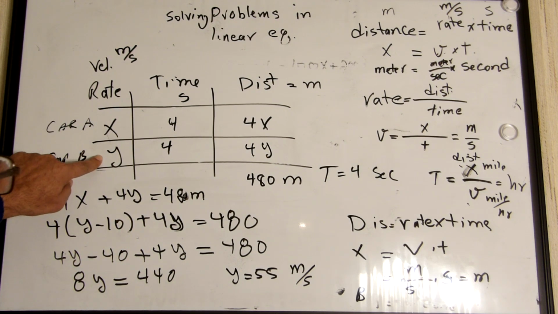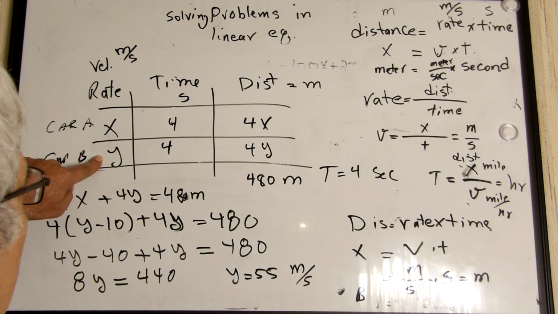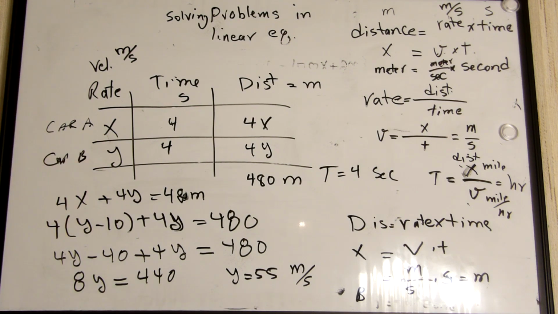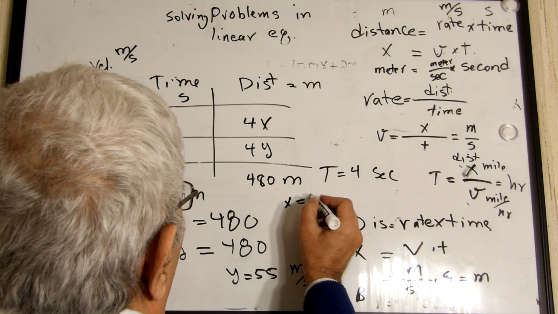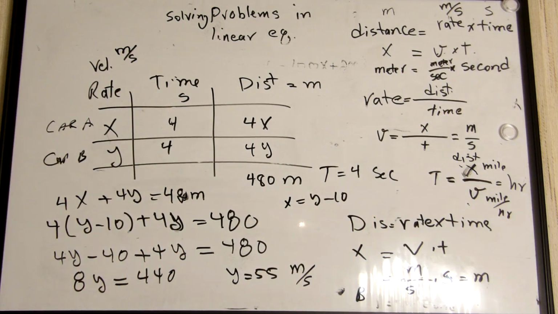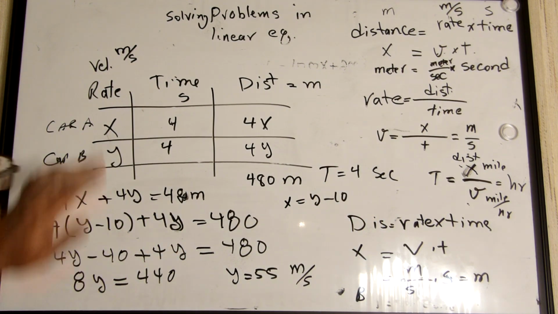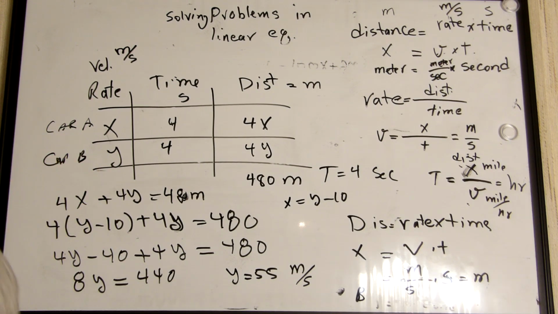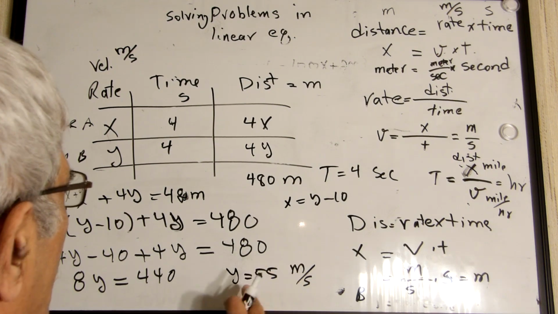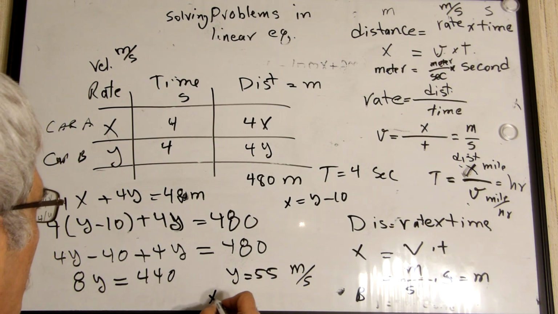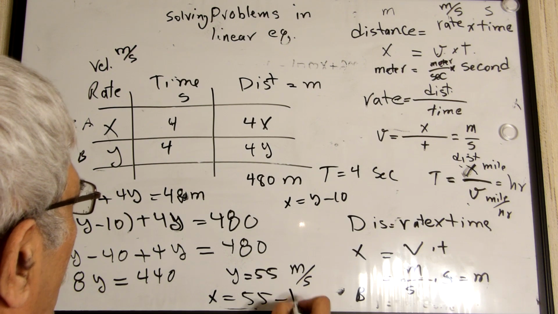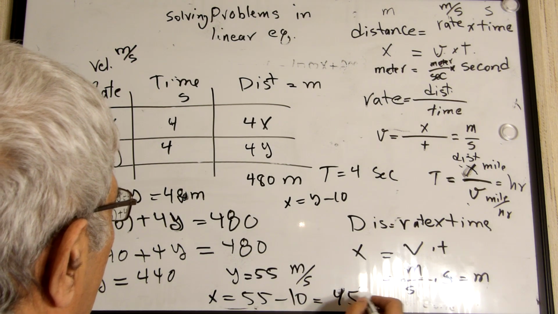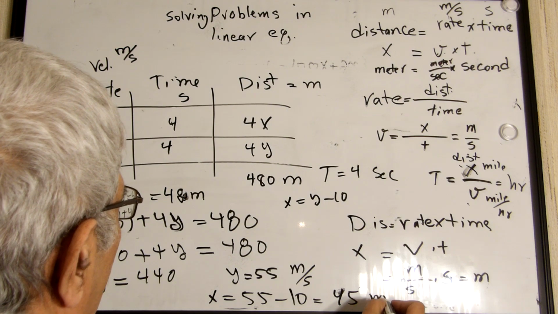We find out the rate is 55 meters per second, and if we are going to find x, we said that x is equal to y minus 10, because it's going 10 meters per second less than car B. So x is 55 minus 10, which is 45 meters per second.